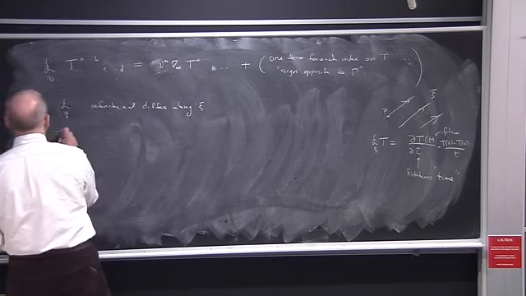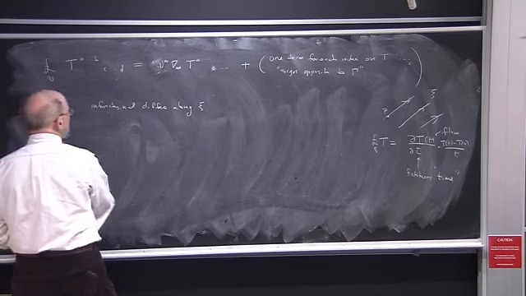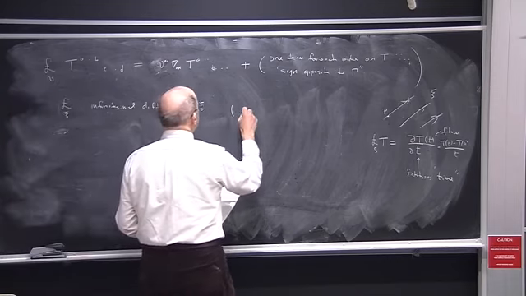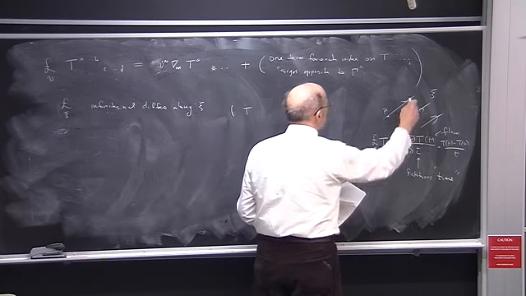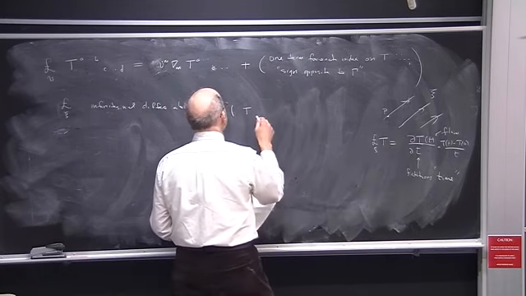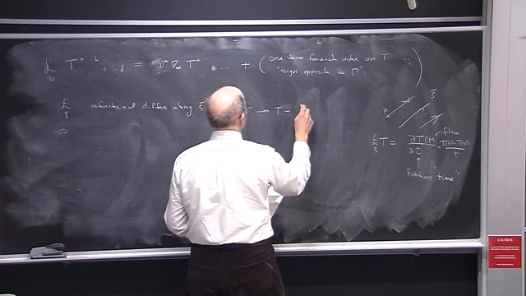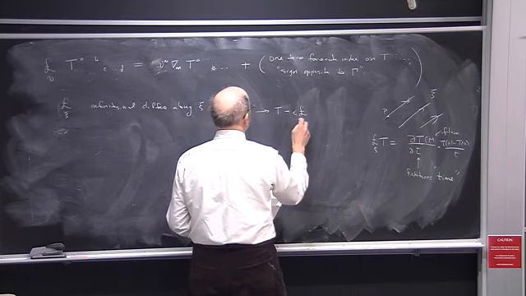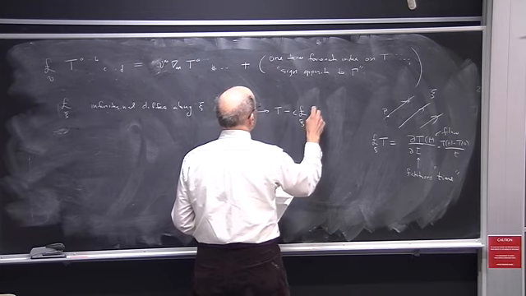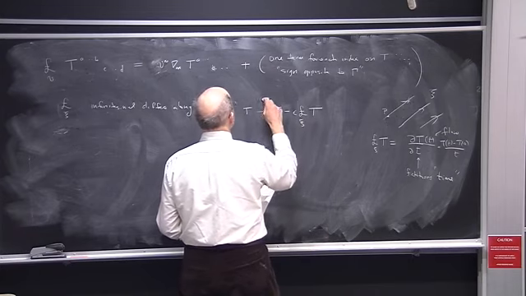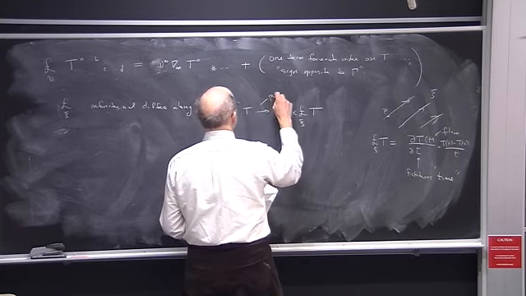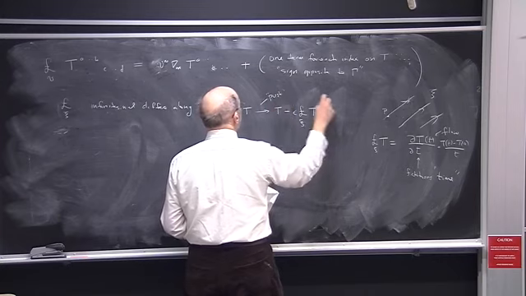Therefore, the rule to transform it, here I pulled it backward, so the rule to transform it forward is T goes to T minus some epsilon times Lie_C of T. This is forward, this is pushing, or the other one was pulling. Okay.